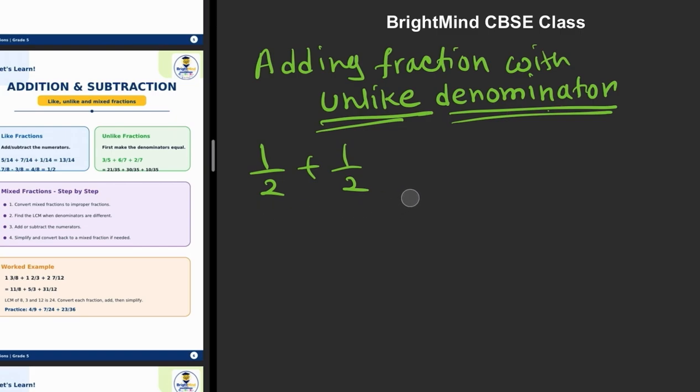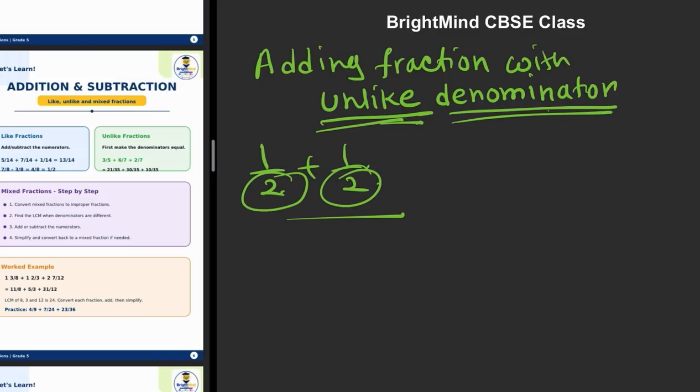We cannot directly add or subtract fractions with different denominators. In like fractions, we do direct addition and subtraction with the same denominator. But in unlike fractions, we cannot directly add or subtract fractions with different denominators.